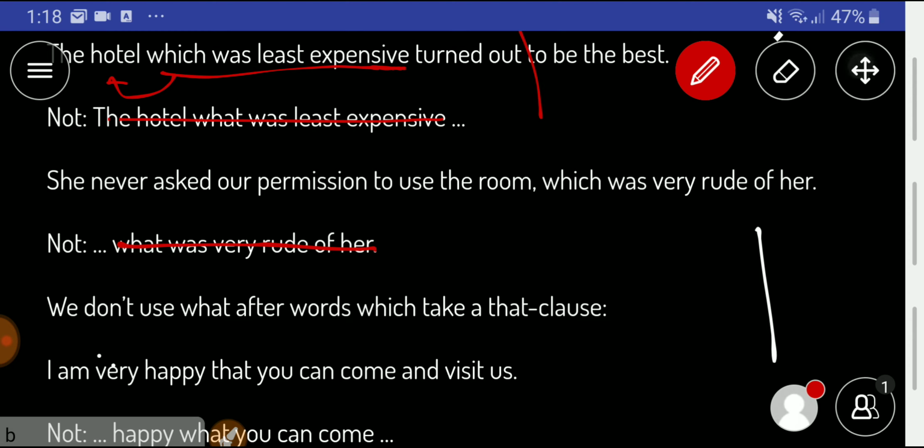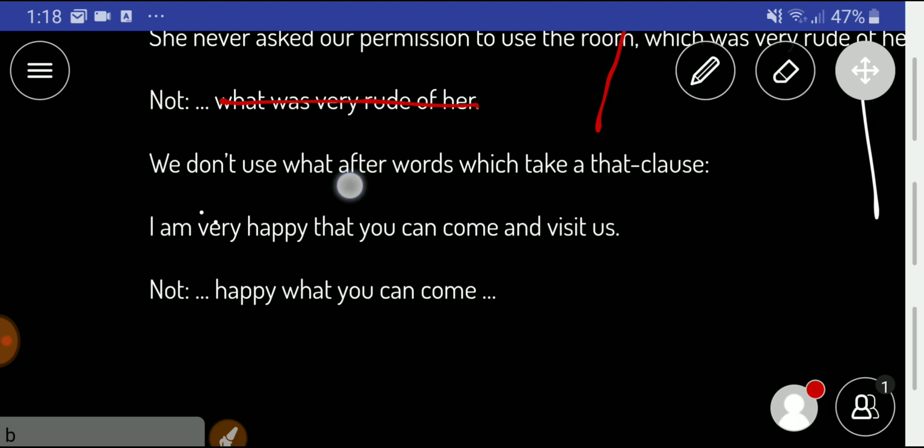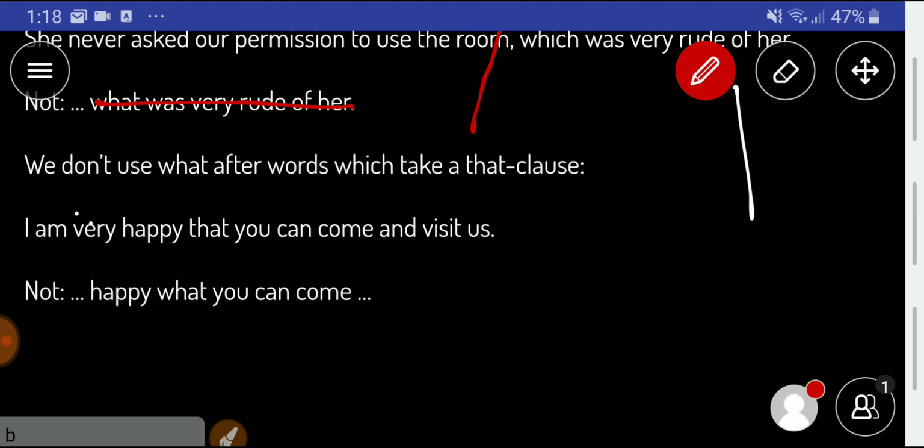Okay, let me give you more information about what, right? We don't use what afterwards; we take a that clause, right? Follow this example. I am very happy that you can come and visit us.